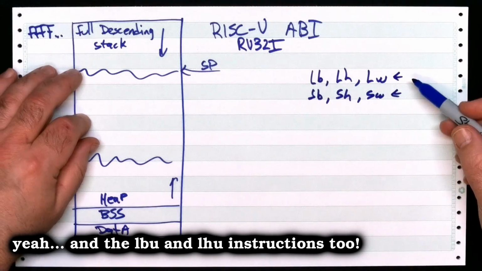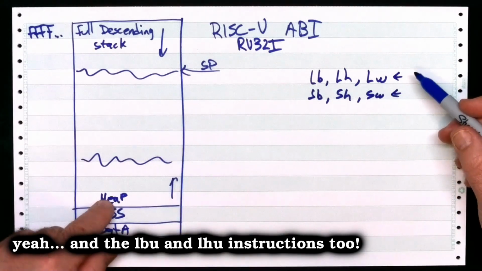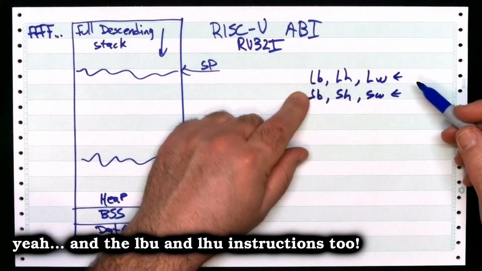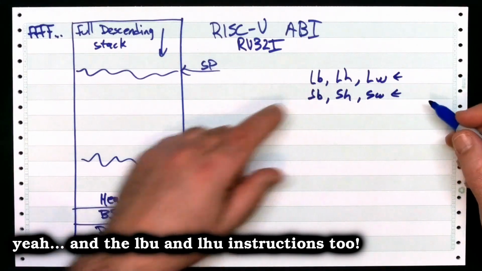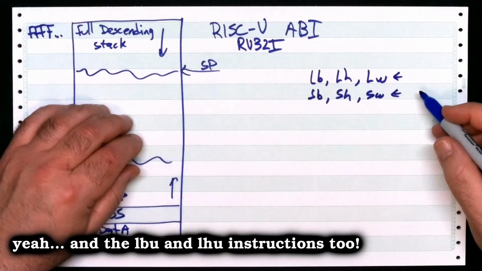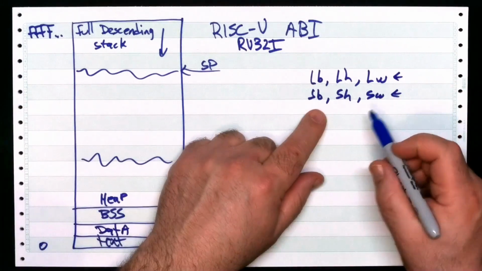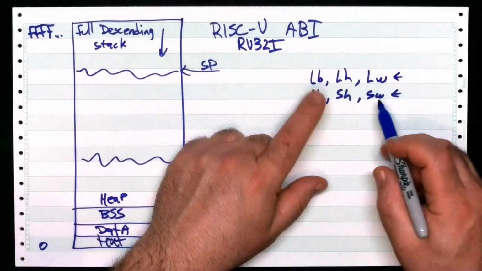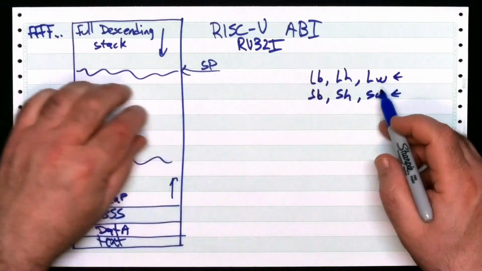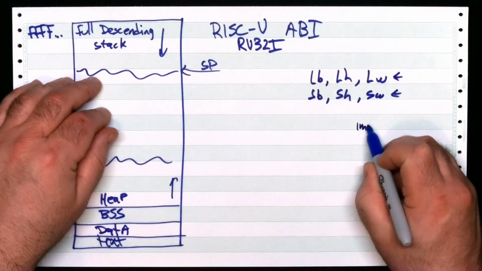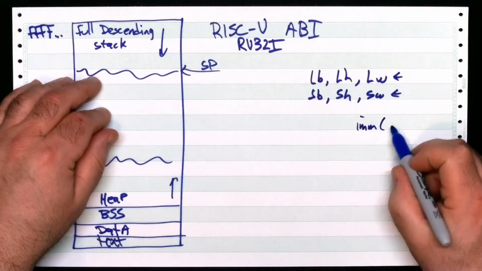That's it. There's no other way to touch anything in memory. All the loads and stores have a similar format, in that the address you're storing into or loading out of always looks sort of like this: IMM, off of some register.